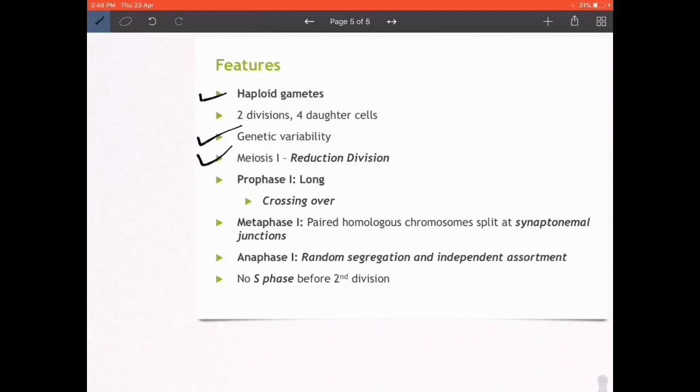In that, prophase 1 is long and can be divided into 5 phases: leptotene, zygotene, pachytene, diplotene, and diakinesis.